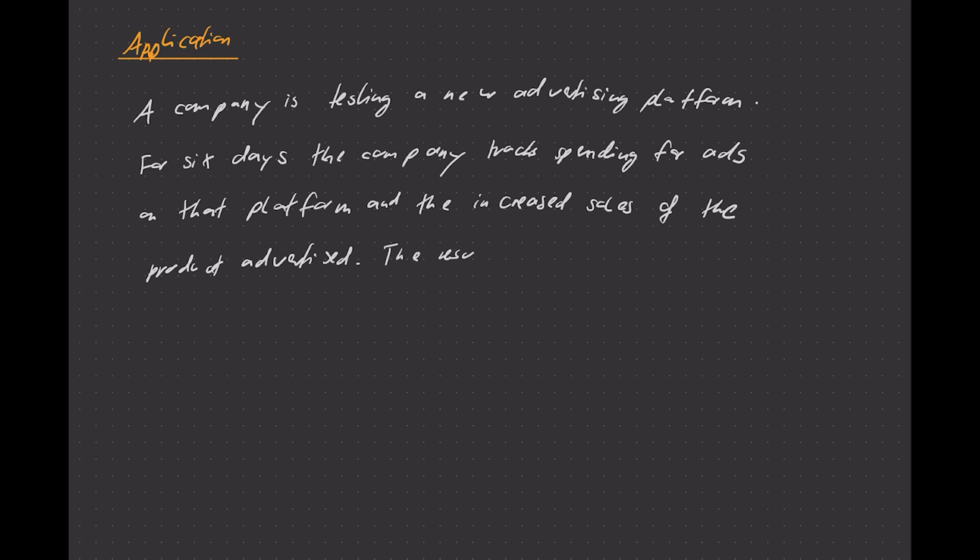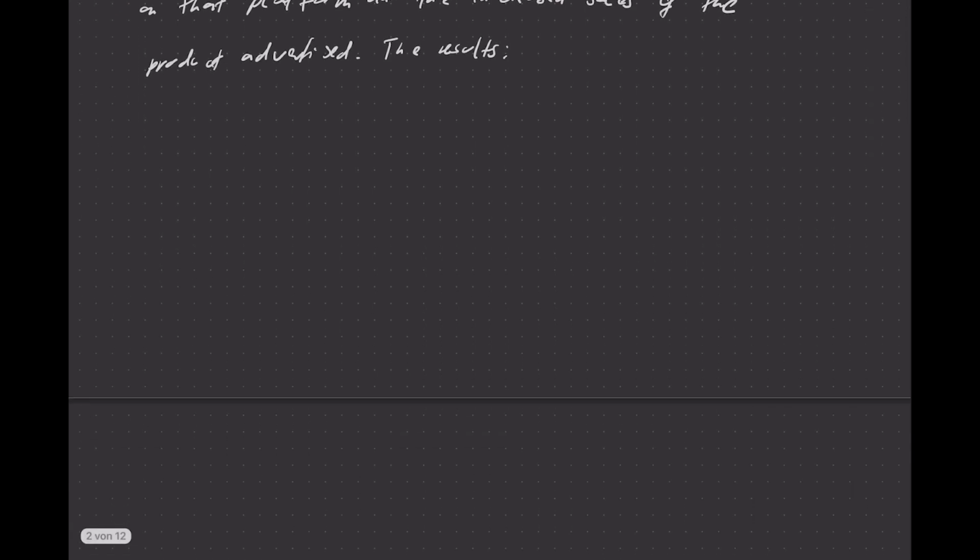Now here's the results that they get, and the numbers are more or less arbitrary. But let's say we have spending and we have extra sales.